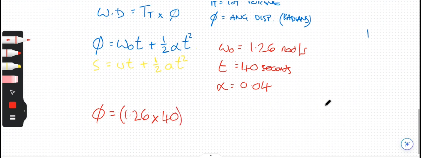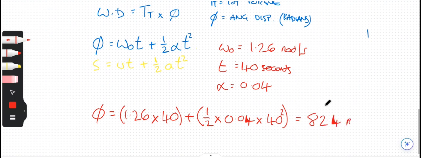Plus 1/2 times the angular acceleration, which is 0.04, times 40 squared. Whack that in your calculator, and this will tell you how many radians it's gone through in that time. You should get something like 82.4 radians.